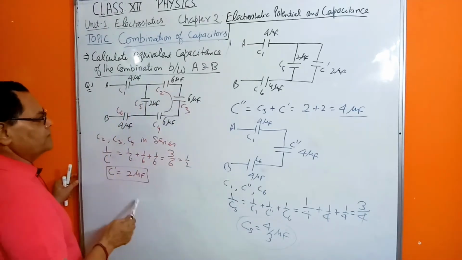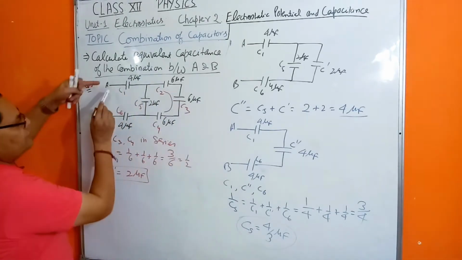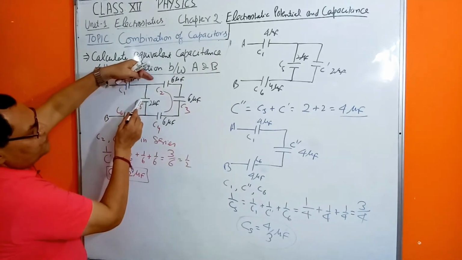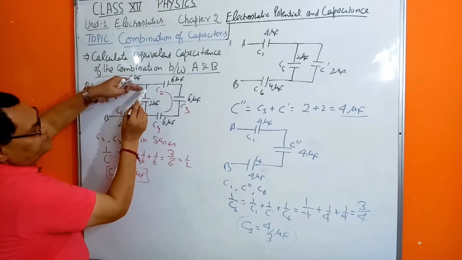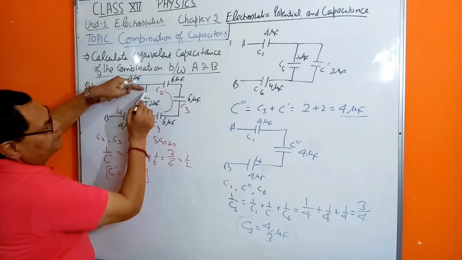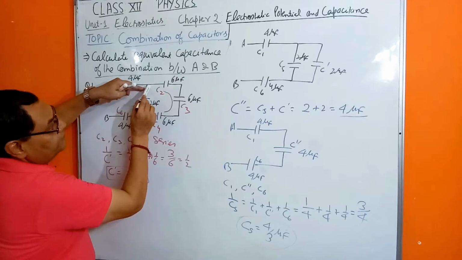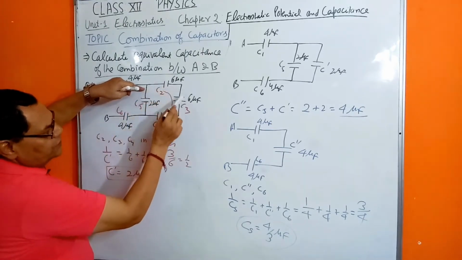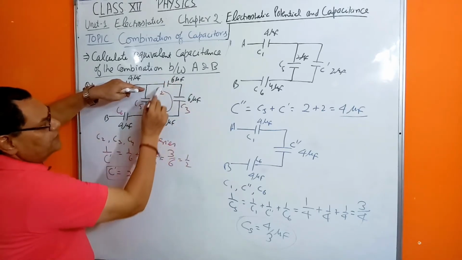So I am just repeating once more for your convenience. When we start from here, we come here. Now we found there is a branch, right? So initially we have to think that this branch and this one will be in parallel. But when we move in this particular branch, we come across three in continuation. So first of all, these three were in series.